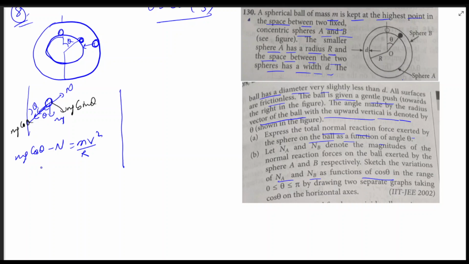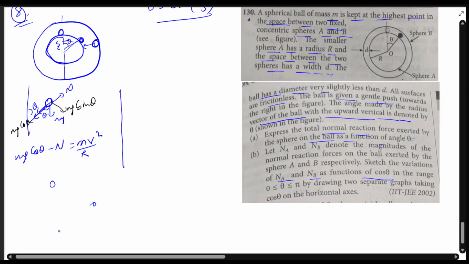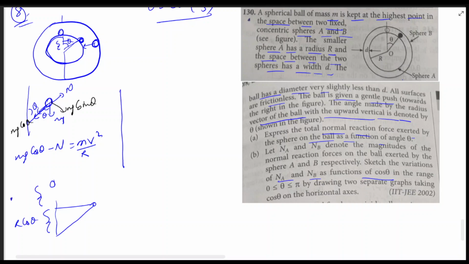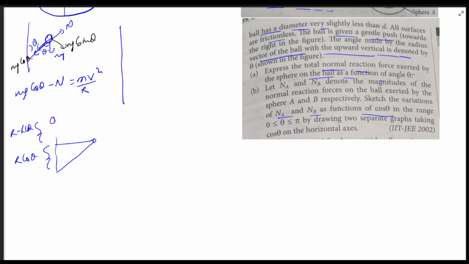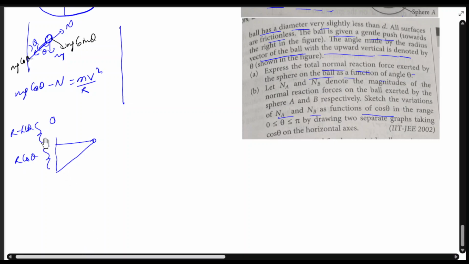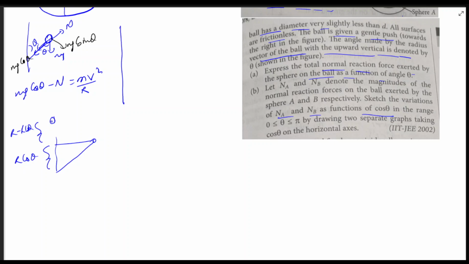Now let's use the work energy theorem. So look, this is r, so this distance will be, right? So in this region here, this is r cos theta, and this will be r minus r cos theta, right? Now the particle went downwards.